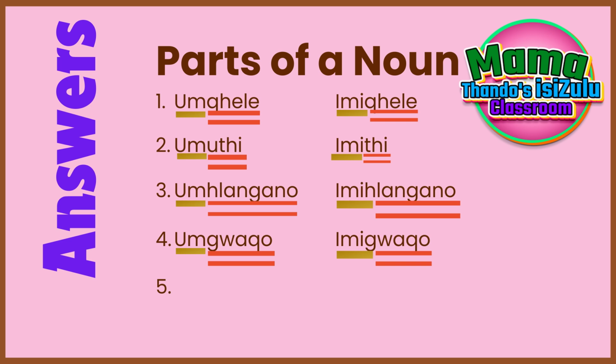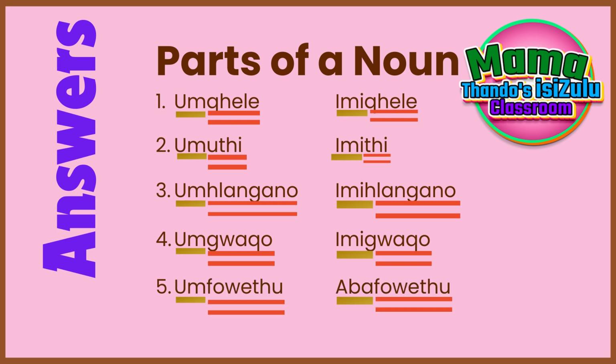Number 4, umgwaqo, a street, a road, a thing, and so the plural of it is imigwaqo. Isiqu is gwaqo. Isiqalo on the singular noun is um. Isiqalo on the plural noun is imi.